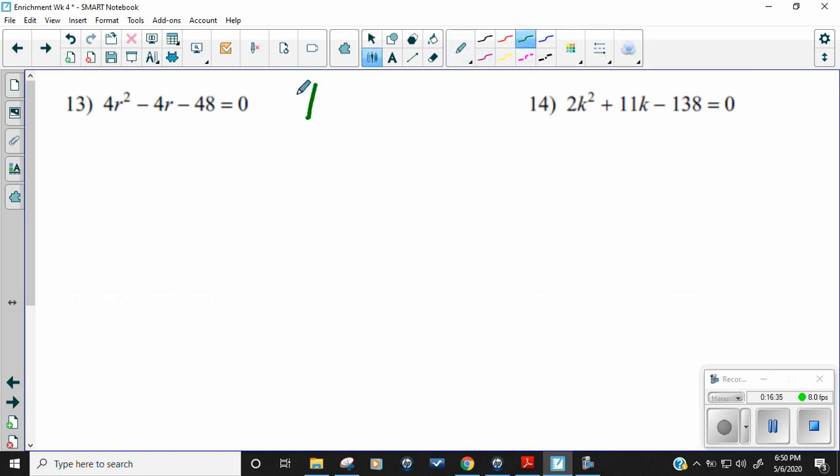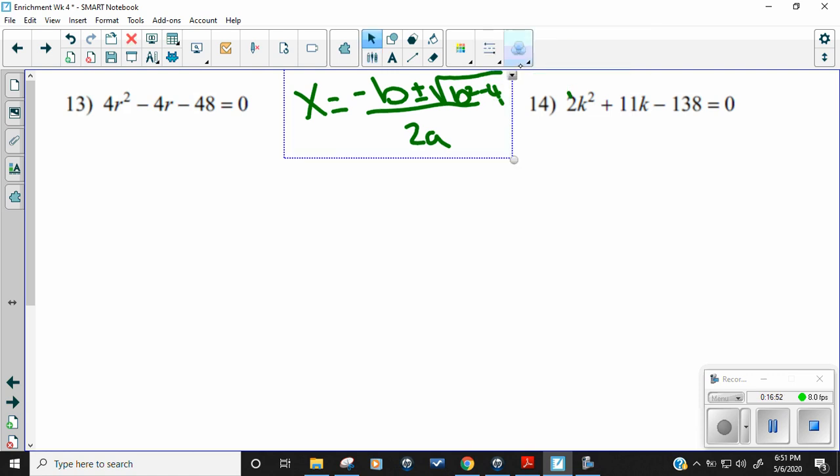Quadratic formula, x equals negative b all over 2a, plus or minus the square root of b squared minus 4ac. I clicked. My mouse went away. Let's go back to pen. I didn't mean to click. So this line continues with the square root, and this line continues underneath.